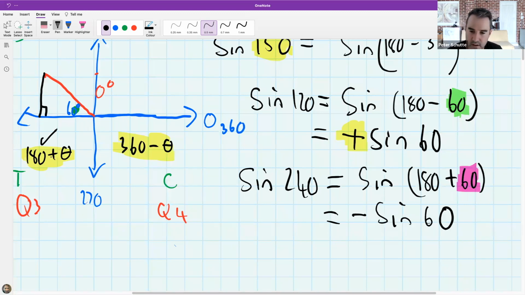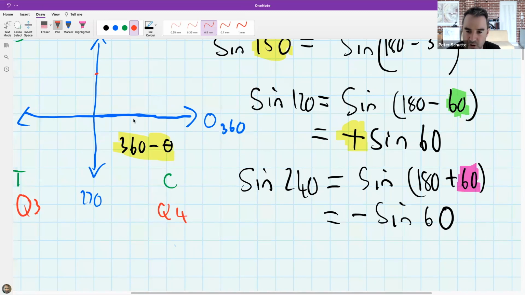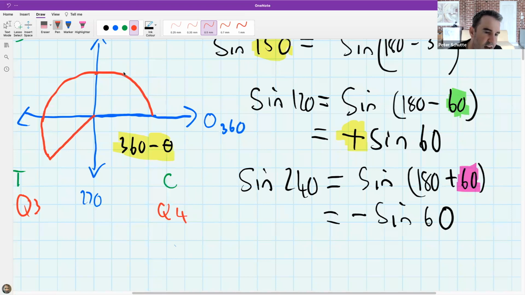I still understand that a lot of you will be feeling confused, and that's fine. I'm going to keep going over this idea, but I just want to show you what 240 looks like. If I had 180, 180 would get me to here. Then if I went 60 degrees further, that would be 240 degrees. However, I don't have a triangle that gives me a way to evaluate that unless I form it.